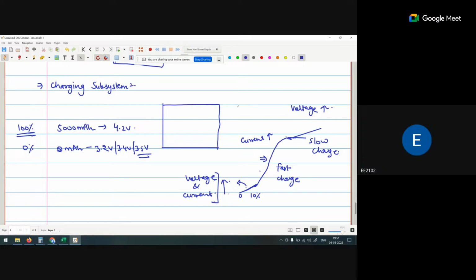Now, in the 0 to 10%, that means 0 to 500 mAh, your current is increased as well as voltage is increased, if I say 3.2 volts, so voltage will be increased from 3.2 to 3.4 volt.